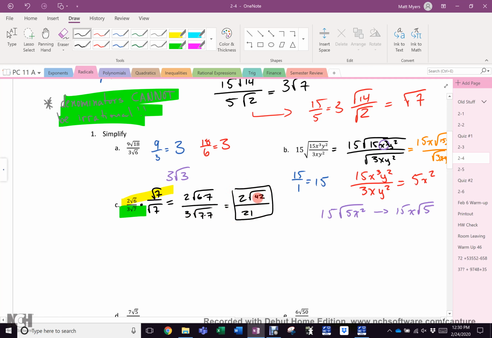Because this is allowed. You're allowed to have a radical in the numerator. The reason you can't have it in the denominator is it is impossible to divide by something that will never end. Does everybody understand? Okay. This number up top, regardless of how long it goes, we could continue to divide 21 into it, right?